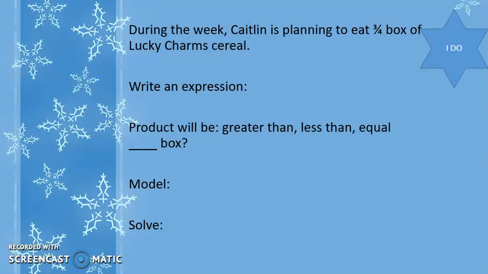So we have, she's going to eat 3/4 box of Lucky Charms cereal. So we know that we have 1 whole box, so we want 3/4 of, remember when we say of, that means we're multiplying, 1 representing her 1 box of cereal. So now we want to know if the product will be greater than, less than, or equal to 1 box.